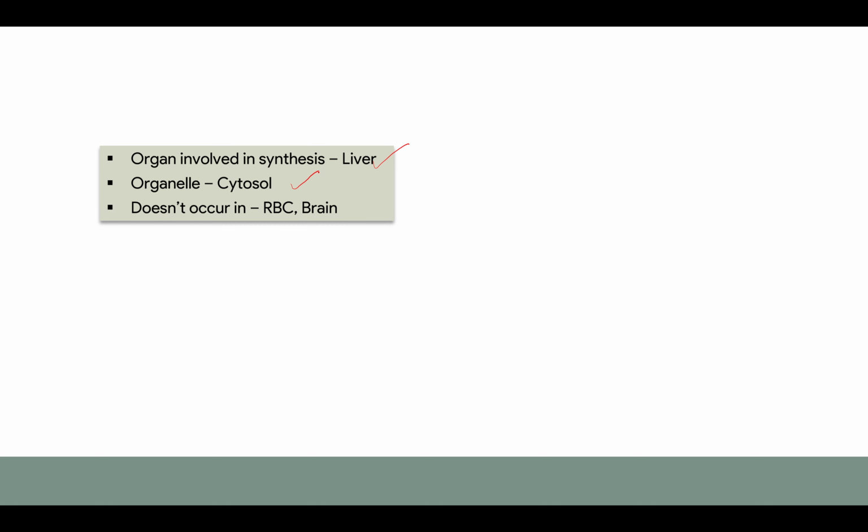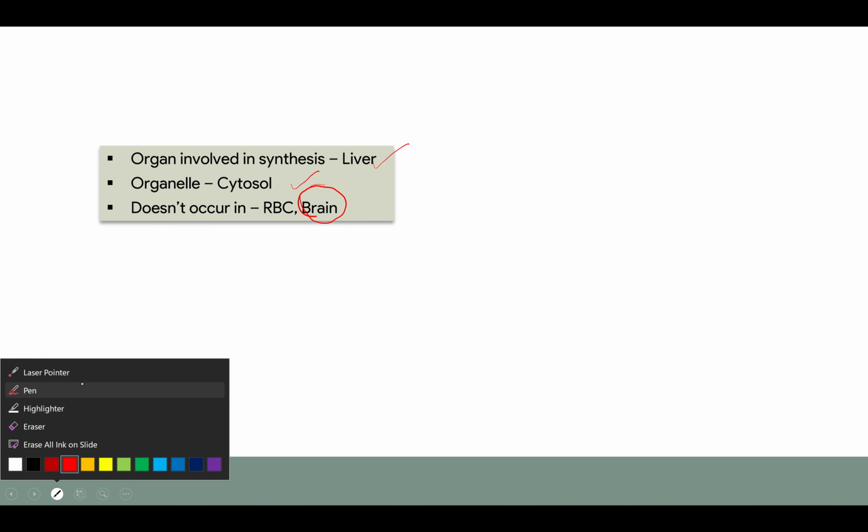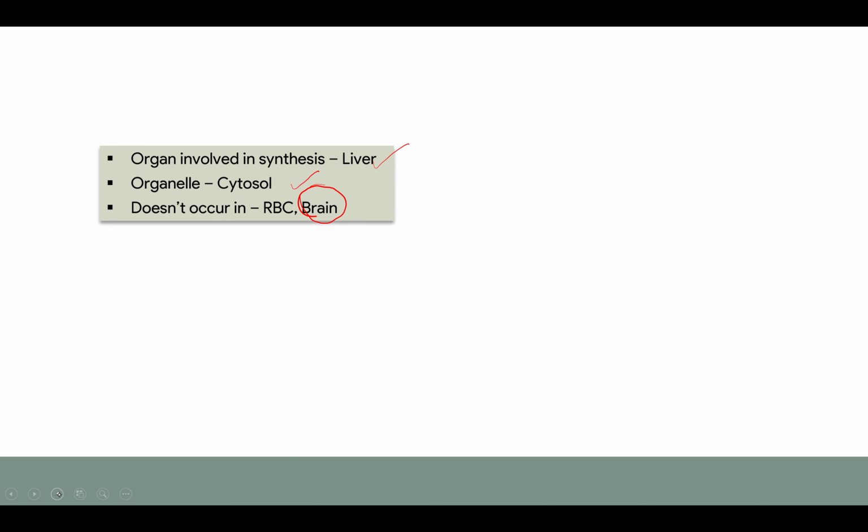It happens in the cytosol and it does not occur in the RBC and brain. Remember that it does not take place in the brain. In the brain, the pathway responsible for purine synthesis is the salvage pathway, both in RBC and brain.